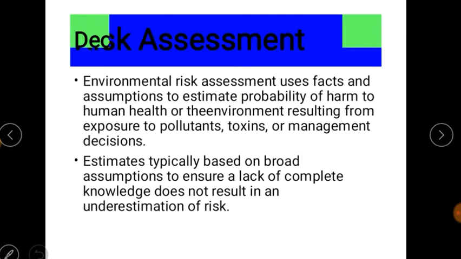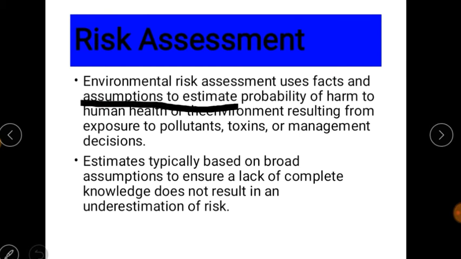Then risk assessment. Environmental risk assessment uses facts and assumptions to estimate the probability of harm to human health or the environment resulting from exposure to pollutants, toxins or management decisions.